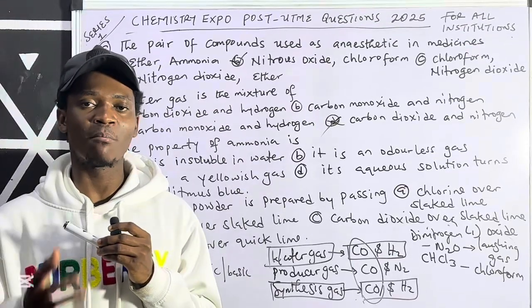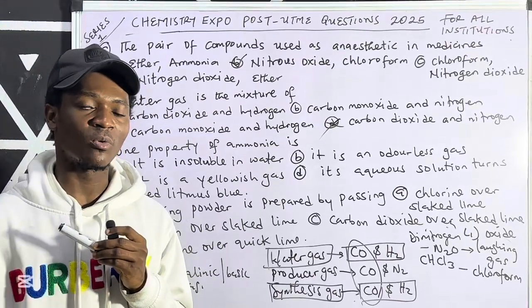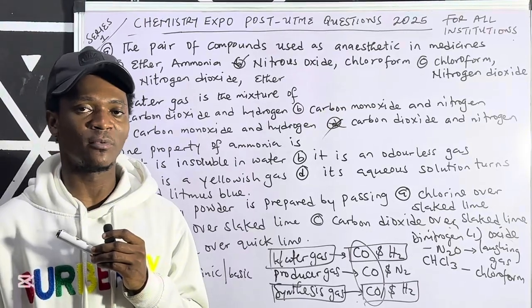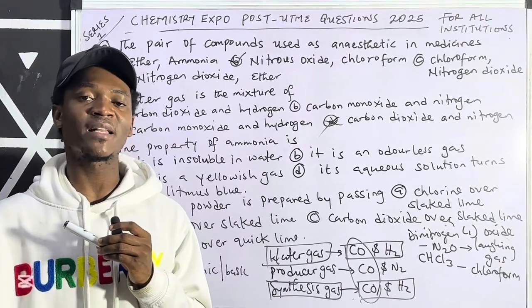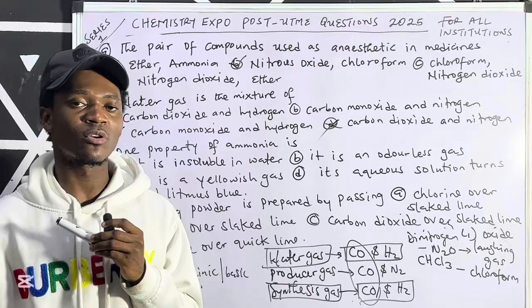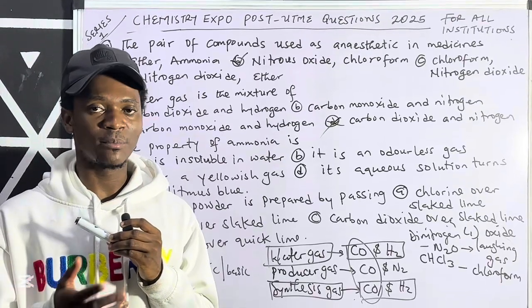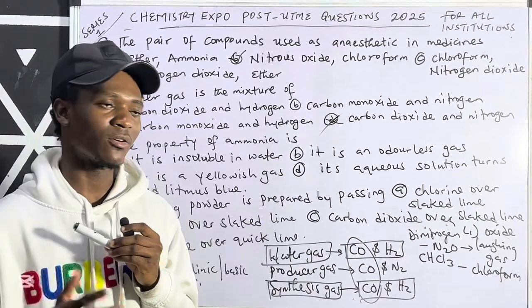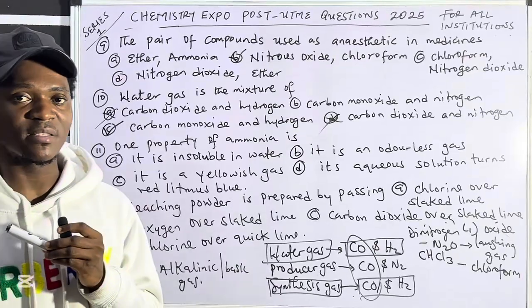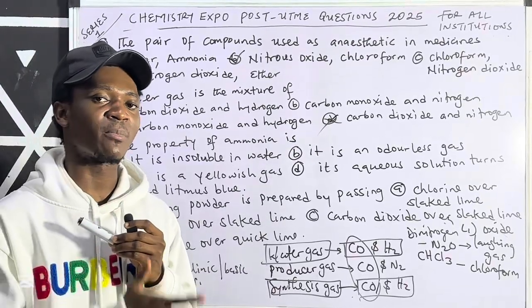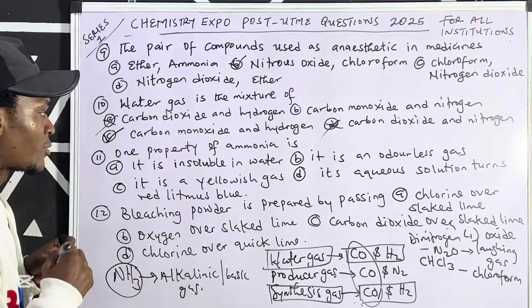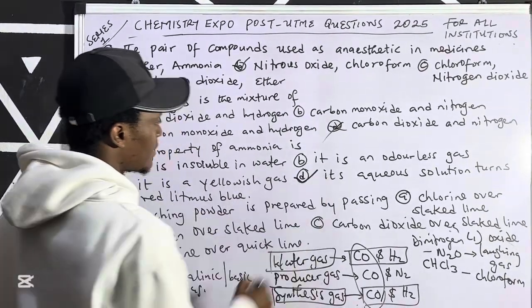That's what aqueous means. When it is dissolved in water, it forms an aqueous solution of ammonia. If you dip red litmus paper into such a solution, you obtain blue, because it is alkaline or basic, and generally bases change red litmus paper to blue. So the correct option should be option D.